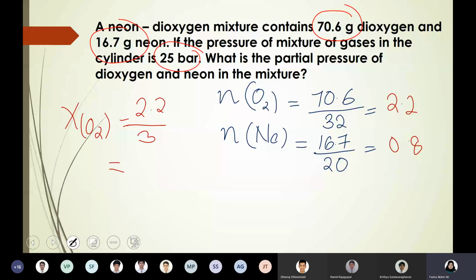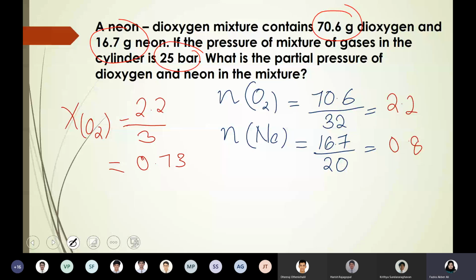So you will be getting around 0.7 something, right? 0.7. This is the mole fraction of oxygen.